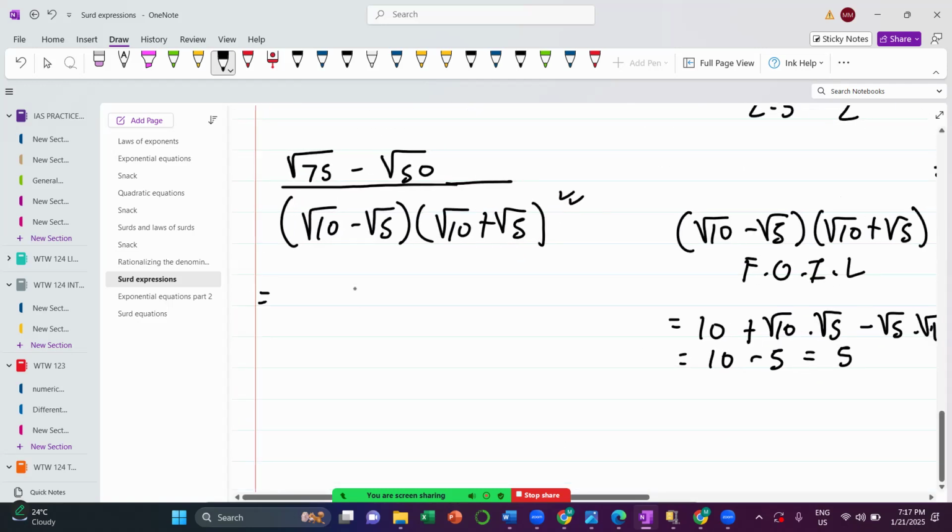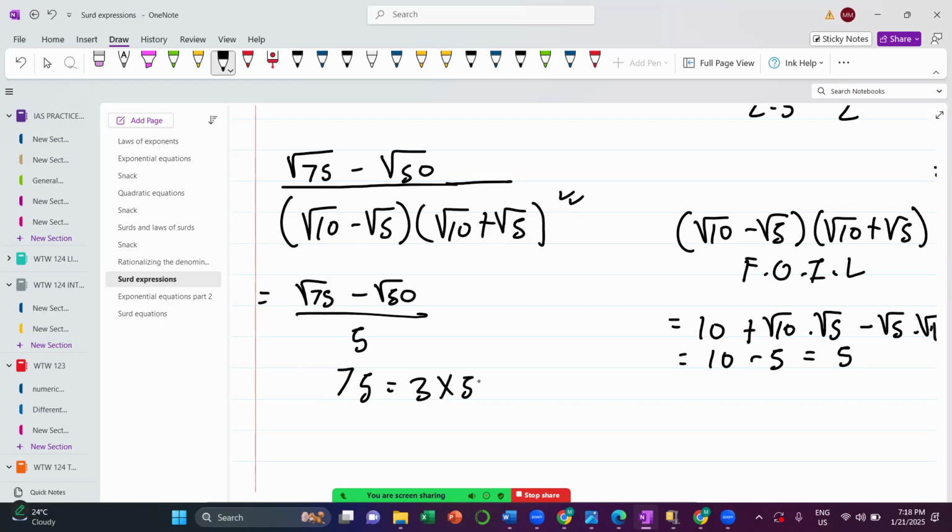So I have equals root of 75 minus root 50, all divided by how much? By 5, right? So now I know that for the values inside the square roots, I have to find the factors of them. Let me find: 75 is equal to 3 multiplied by 5 squared.